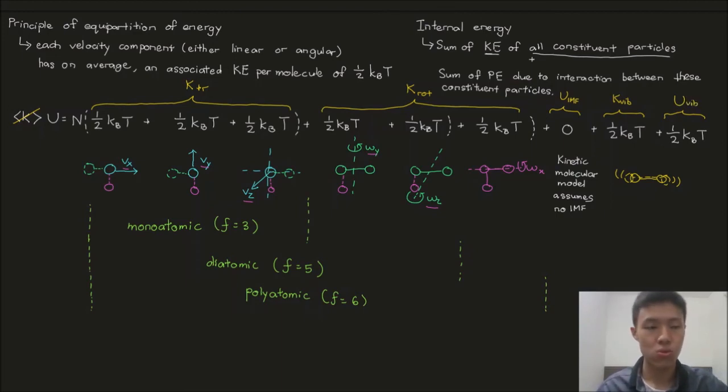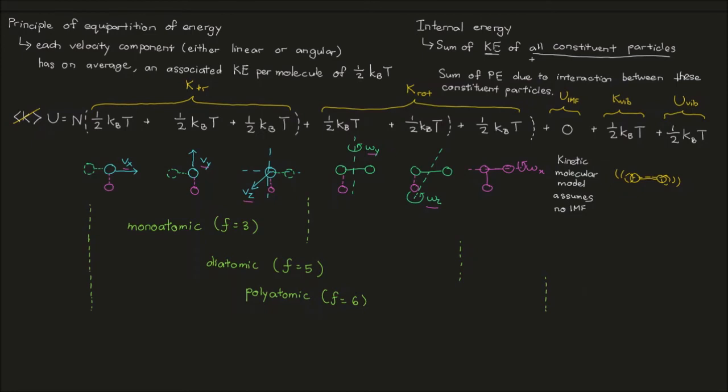Okay, so let me write down: this kind of vibration only happens when our gas molecules are at very, very high temperature. If it's monoatomic particles, then the degree of freedom will be F equals 3 plus an additional 0 due to vibration, because there's no molecular bond.